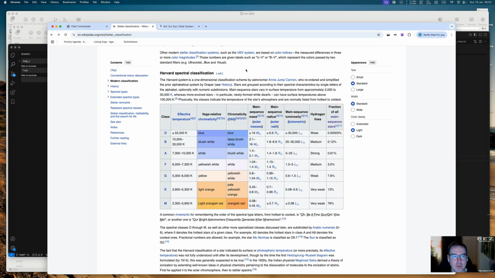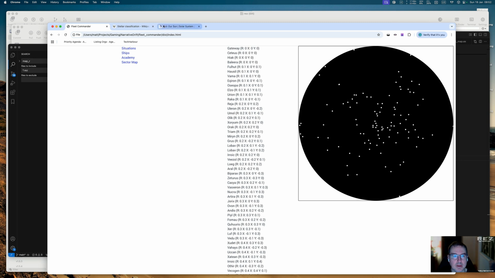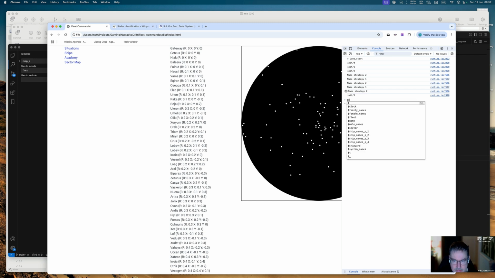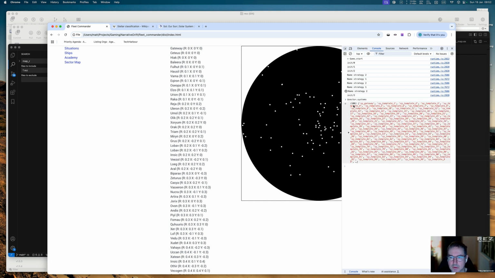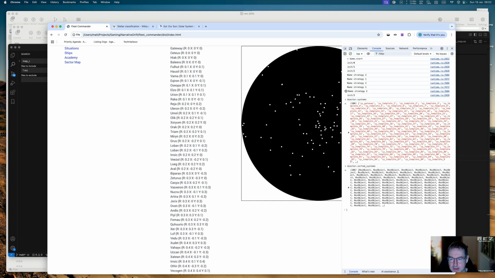So if we go in here and we pull open, I never remember the thing for this. sector.systems. So we've got these systems here, but these are IDs. I think sorted systems actually gives us the thing here. In fact, we could just do sector system dot, what is it? It's not refs. Is it refs?